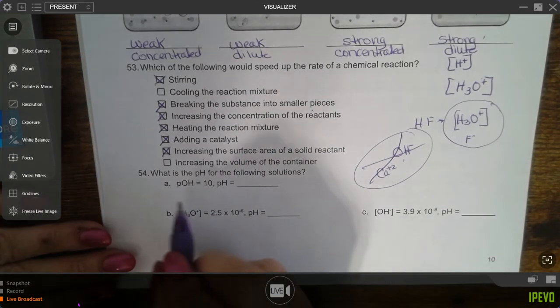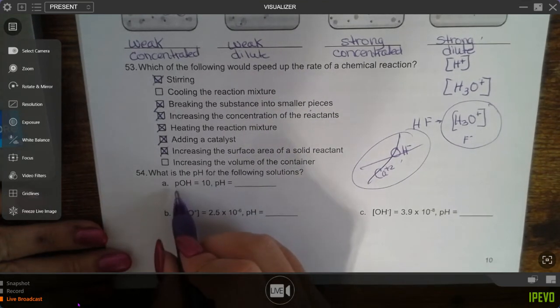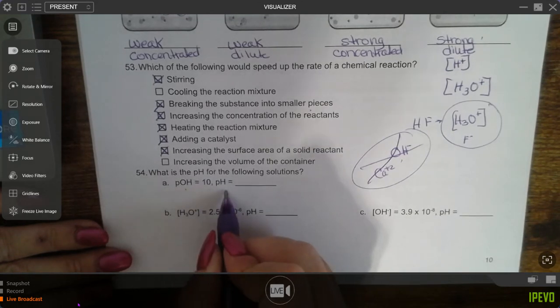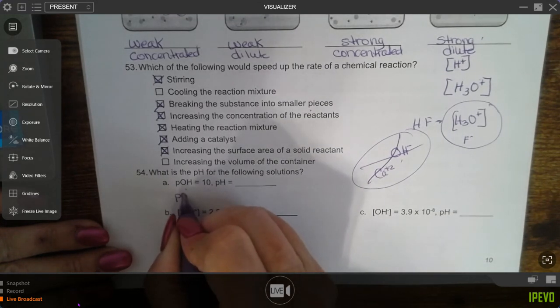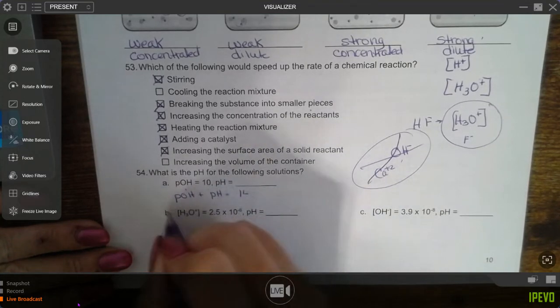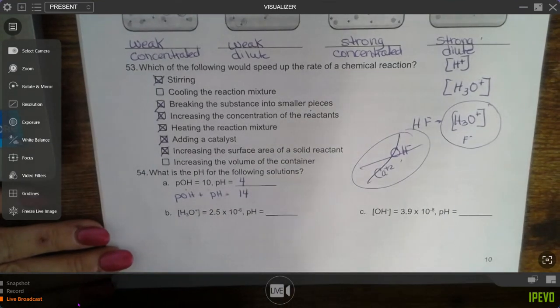All right, pH and pOH. We have pOH is 10. What is pH? Here's what you've got to know: pOH plus pH equals 14. So pH is going to be 4.